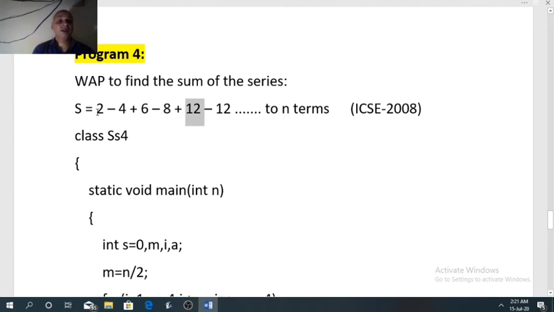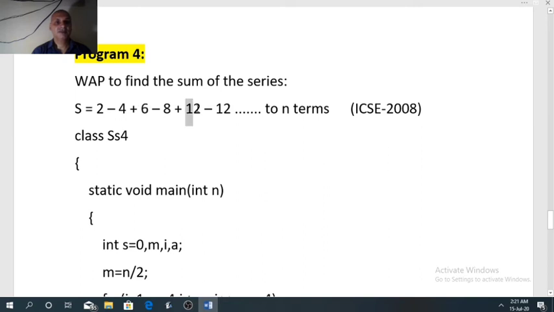When I is 1, we are getting 2. When I is 2, we are getting 6. And when I is 3, we are getting 12 for first series. When I is 1, 1 square plus 1 we will get 2. When I is 2, 2 square plus 2 we will get 6.